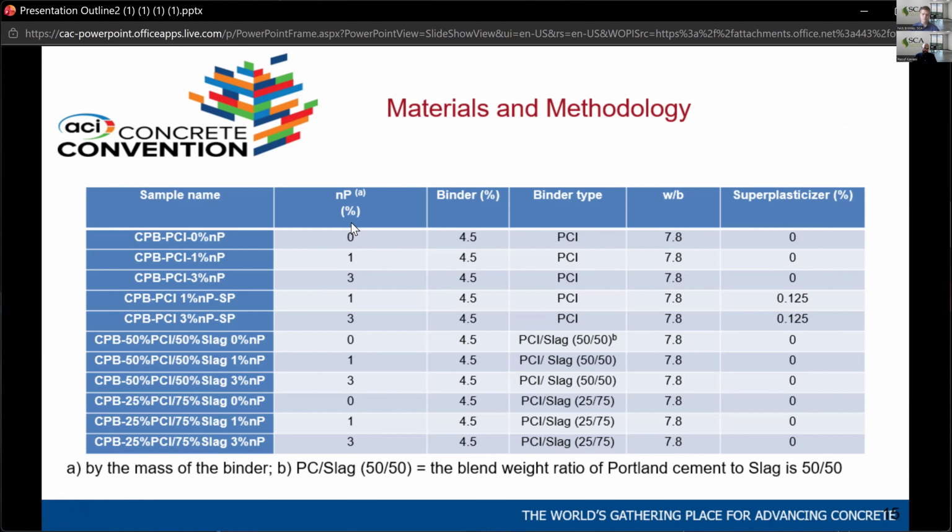So these are my first three samples, which are representing the PC, meaning I only use cement, with 3% nanoparticle, 1% nanoparticle, and 0% nanoparticle. For the second two, I added superplasticizer to 1% nanoparticle and 3% nanoparticle.